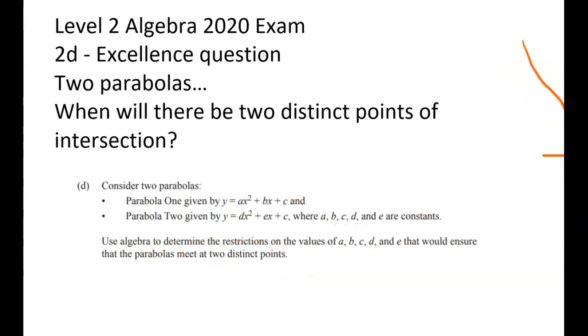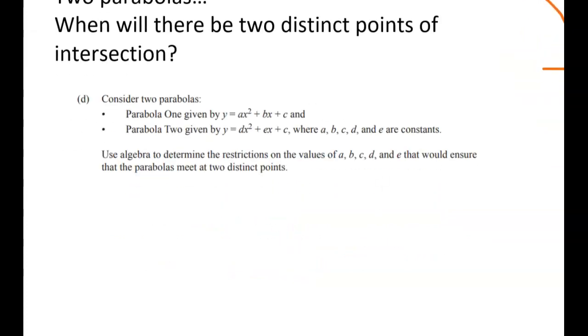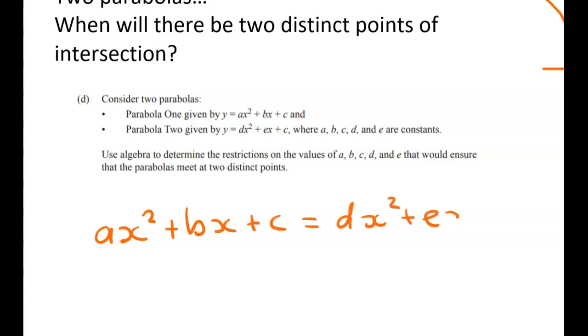Okay, so to find where the parabolas meet, we know that the y values will be the same. So we just set up ax squared plus bx plus c is equal to dx squared plus ex plus c. Now a, b, c, d, and e are all just constants, they're numbers. So we're going to do our usual year 9 stuff to both sides of the equation.